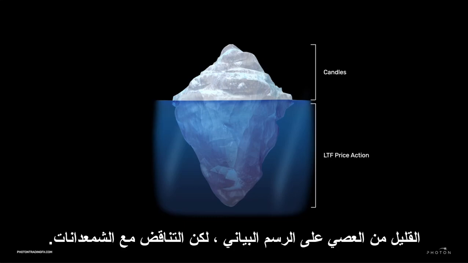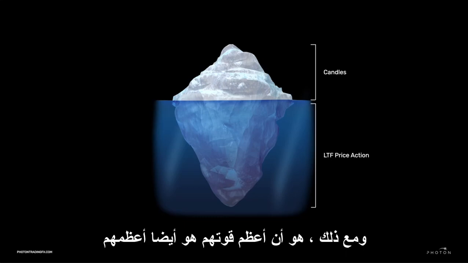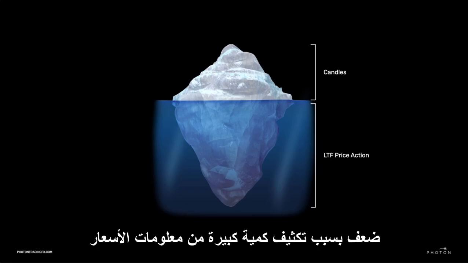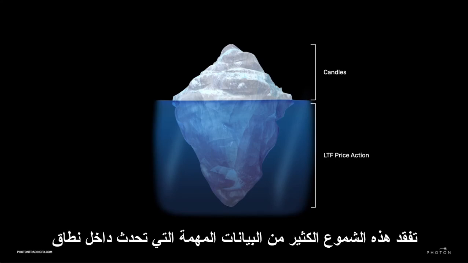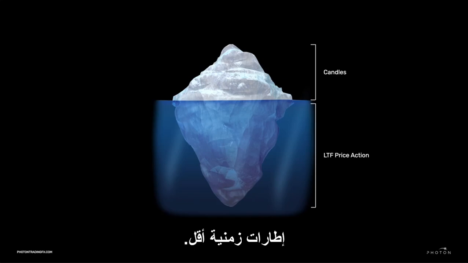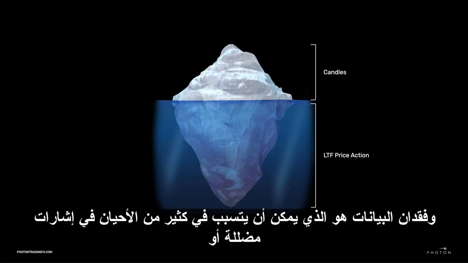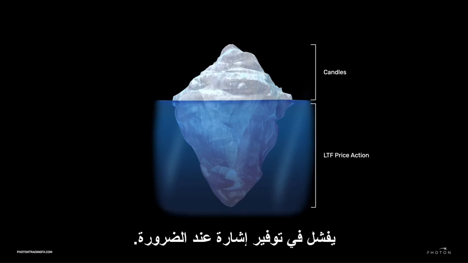But the paradox with candlesticks, however, is that their greatest strength is also their greatest weakness. Because by condensing a large amount of price information into a manageable visual display, those candles lose a lot of important data that occurs within the lower timeframes. And it's this data loss that can often cause misleading signals or fail to provide a signal when necessary.